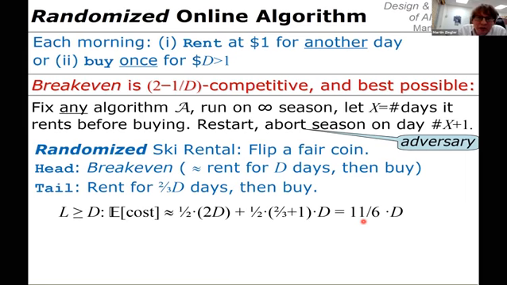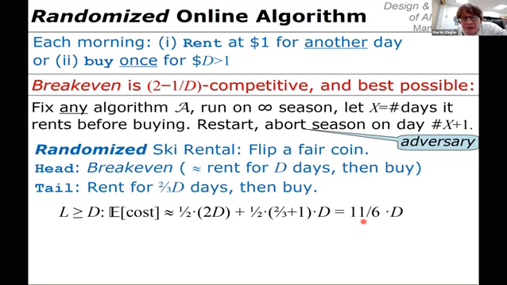So the competitive ratio in this case is 11/6, and observe that this is strictly less than the factor of 2, actually 2 minus 1/D, we have proven for the deterministic break-even algorithm.